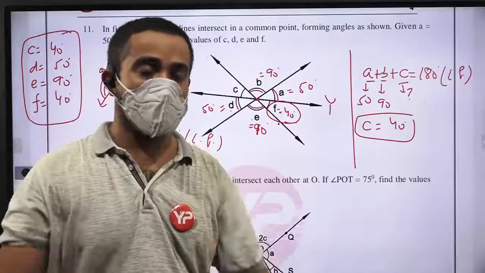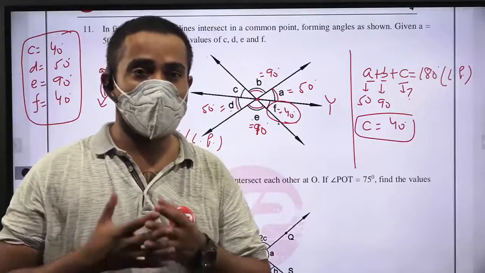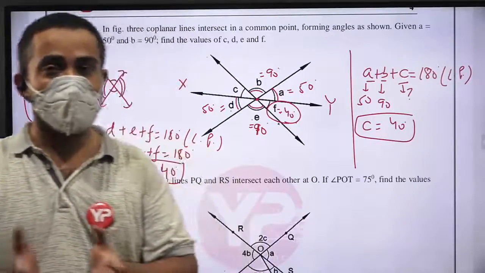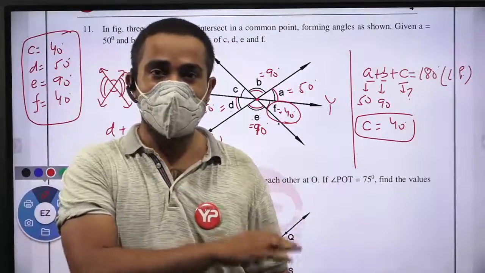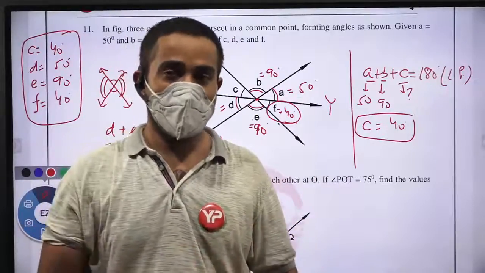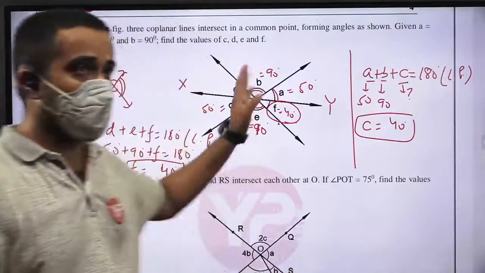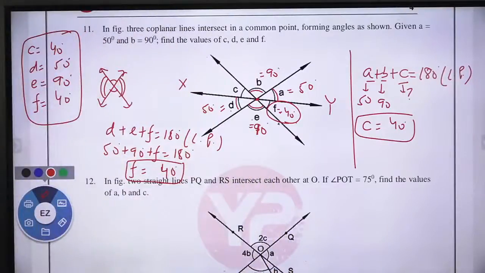In the questions that came in various exams, I will use these theorems and tricks directly. So you should practice these questions before attempting those questions. Okay, so let's move forward now to the 12th question.